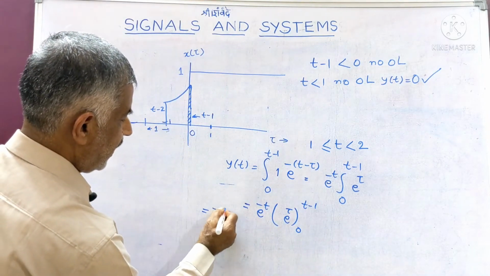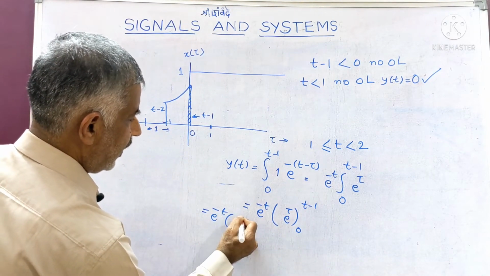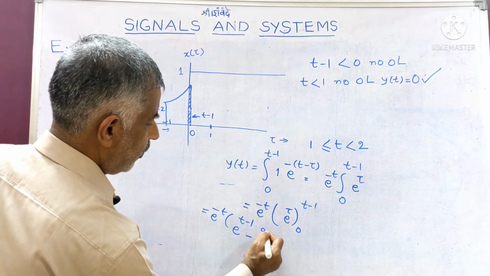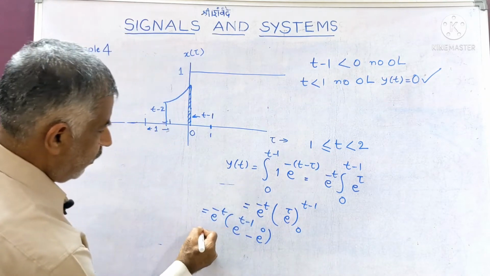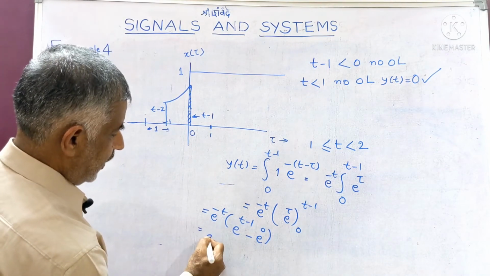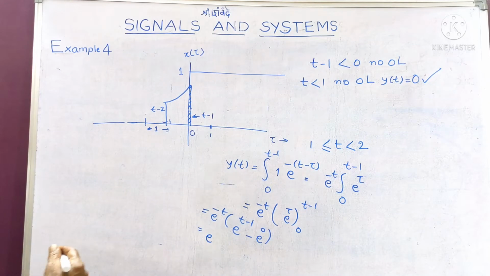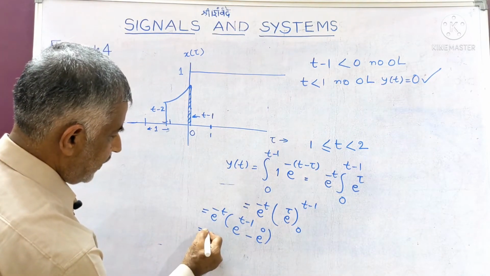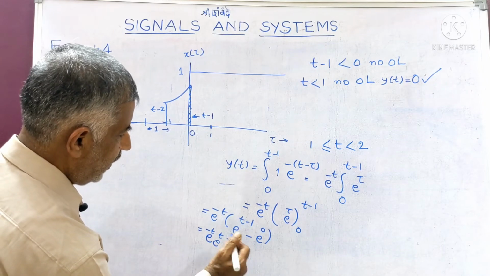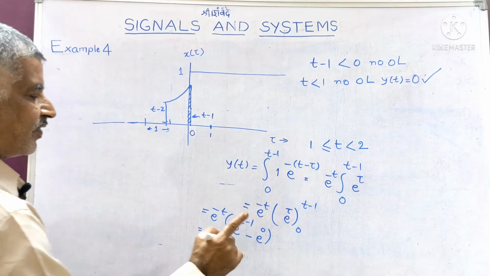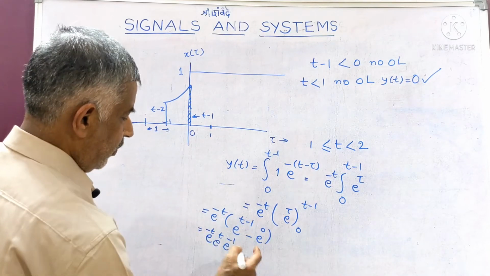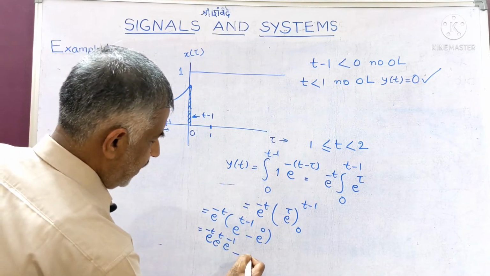Therefore, e power minus t times (e power t minus 1 minus e power 0). That e power 0 is 1. So e power minus t into e power t e power minus 1 minus e power minus t.